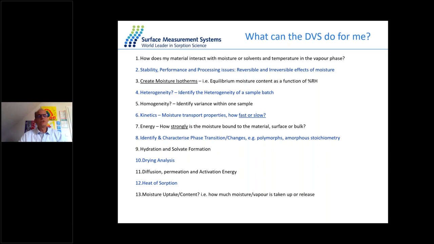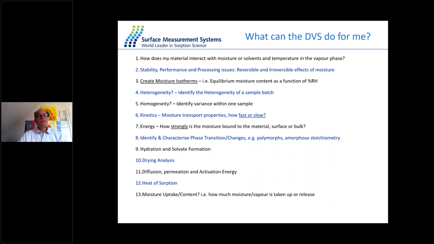It allows you to create moisture absorption isotherms, so what is the uptake in equilibrium of the sample over a humidity or vapor pressure range between 0 and 95%. It also tells you something about the homogeneity of the sample.